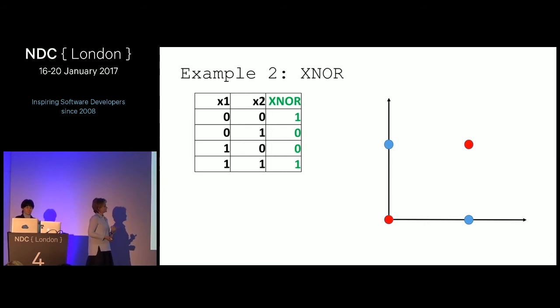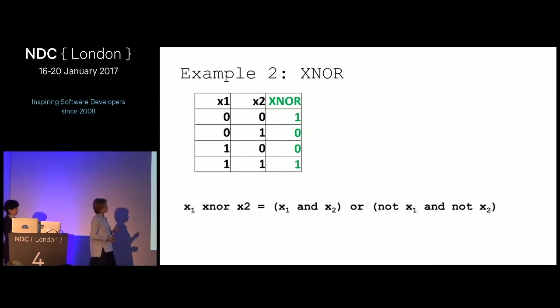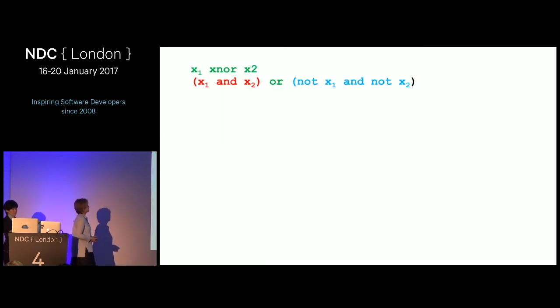To calculate that, I would like to write it down as a combination of simpler functions. So x1 XNOR x2 is a combination of x1 AND x2, and then NOT x1 AND NOT x2, and an OR function. And let's build a neural net that would calculate it.